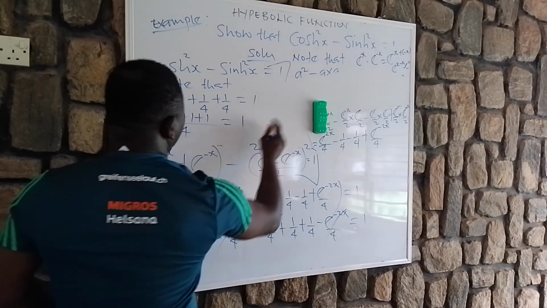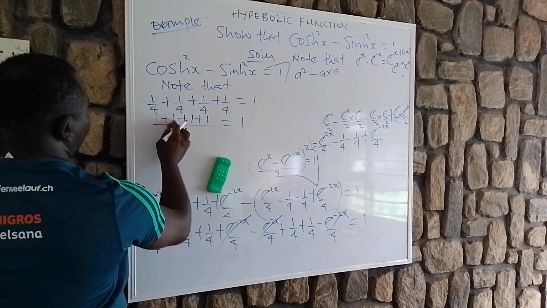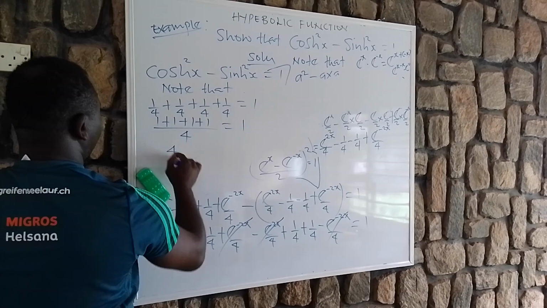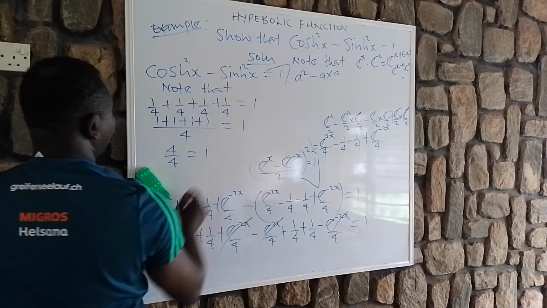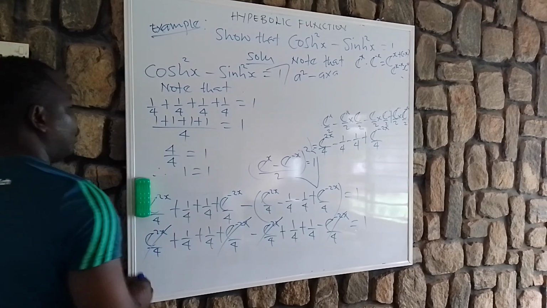So this is equal to what? Do you agree with me? So let us add 1 plus 1, 2, plus 1, 3, plus 1, 4. So you discover that 4 all over 4 is equal to 1. So therefore, 1 is equal to 1.